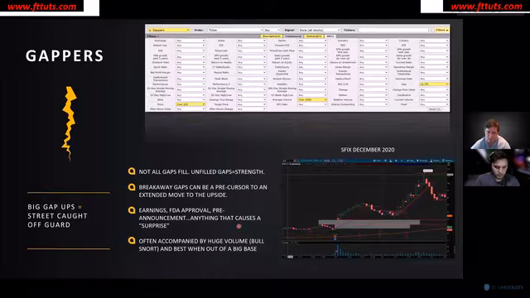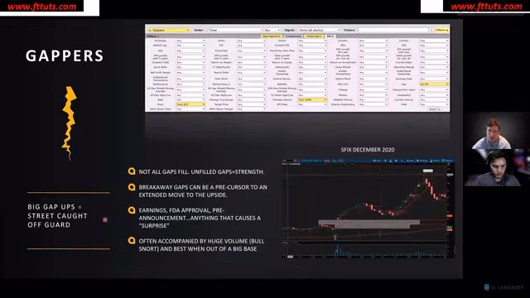This can overlap and often be a bull snort. And it can be for reasons like earnings, FDA approval, the pre-announcement. The key is right here, surprise. Anything that the market wasn't expecting or didn't know was coming, any type of surprise where the street is caught off guard, Fidelity or T. Rowe Price is underpositioned in a growth name where the numbers came in way higher than they expected.